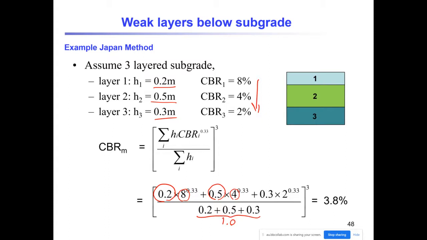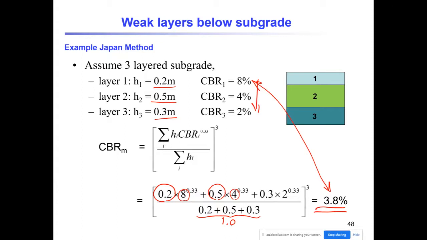And as I mentioned, we need to conduct the test for at least 1 meter. So the summation is 1. And based on this, you can calculate the effective CBR, which is 3.8.